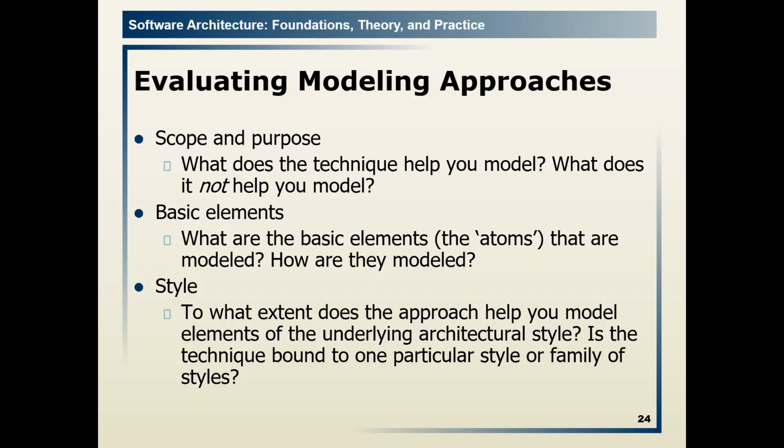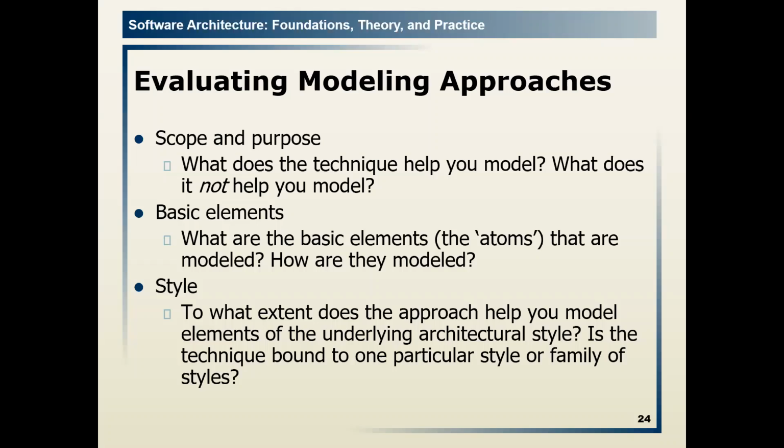And then the style, to what extent does the approach help you model elements of the underlying architectural style? Remember last week we talked about the styles. So we have to follow the given style. Once you have decided on a particular architectural style, your architectural models should adhere to the architectural style, right? So to what extent does this approach help you model the underlying architectural style?